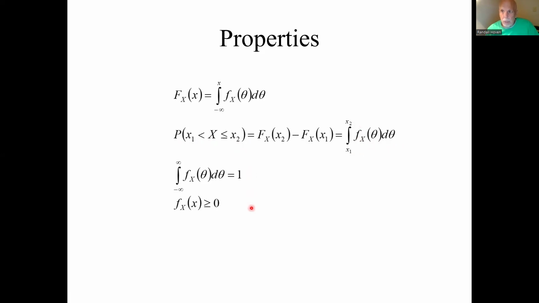For a proper PDF, the argument should be strictly non-negative, and it should integrate to 1 if you integrate it over the whole real line, over all possible arguments.